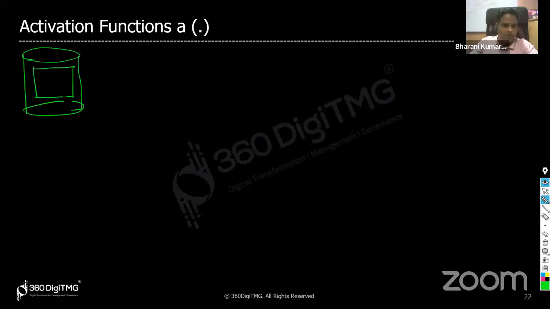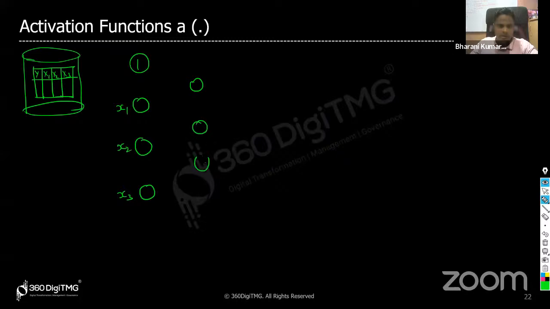Suppose you have an output variable and 3 input variables. In the input layer, you'll have 3 neurons, x1, x2, x3, and also one bias. And then say you have a hidden layer, say 2 hidden layers, and then finally your output.